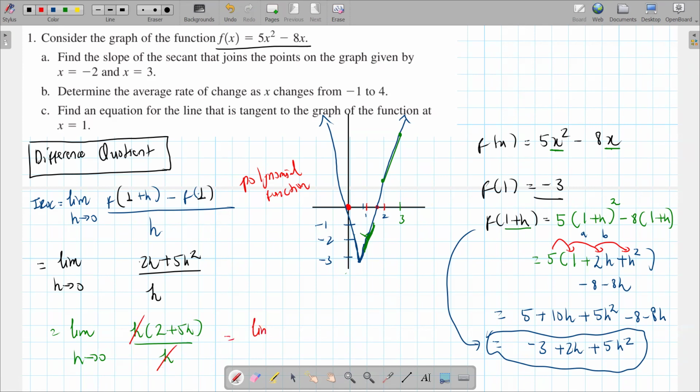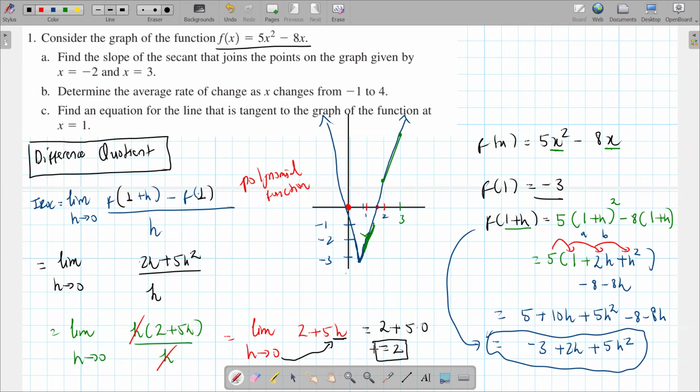So then we have the limit as h approaches 0 of 2 plus 5h. That's the goal: to cancel out the h in the denominator. Once it's canceled, you can replace any other h with the value 0. So this becomes 2 plus 5 times 0, which is just 2. And there we go. That's the IROC for this function at x equals 1.